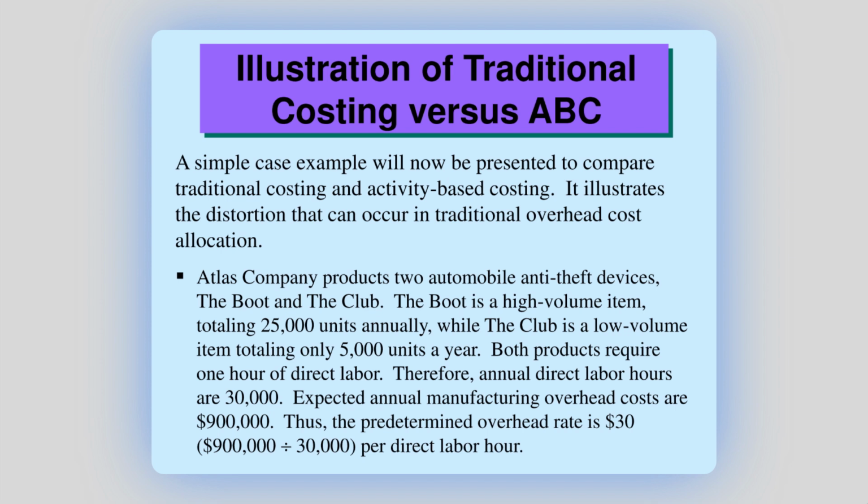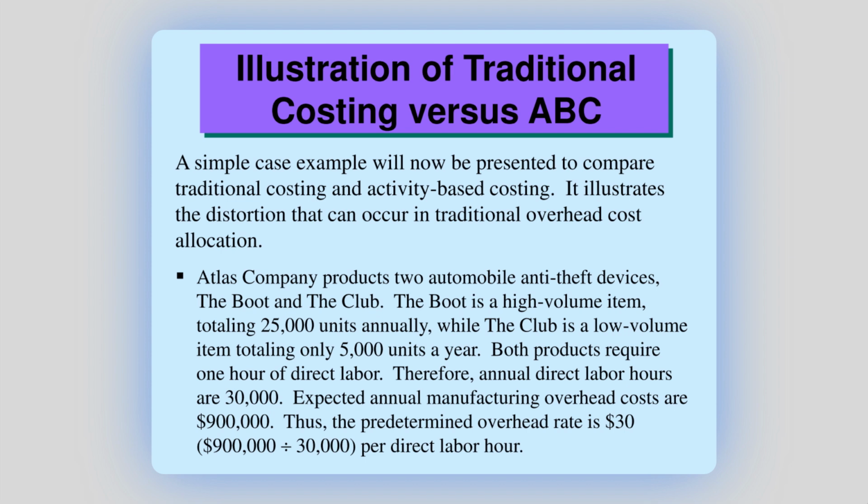The Boot is a high volume item using 25,000 units annually, while the Club is low volume, meaning the Boot is bigger and the Club is smaller. Both products require one hour of direct labor. Therefore, annual direct labor hours are 30,000.